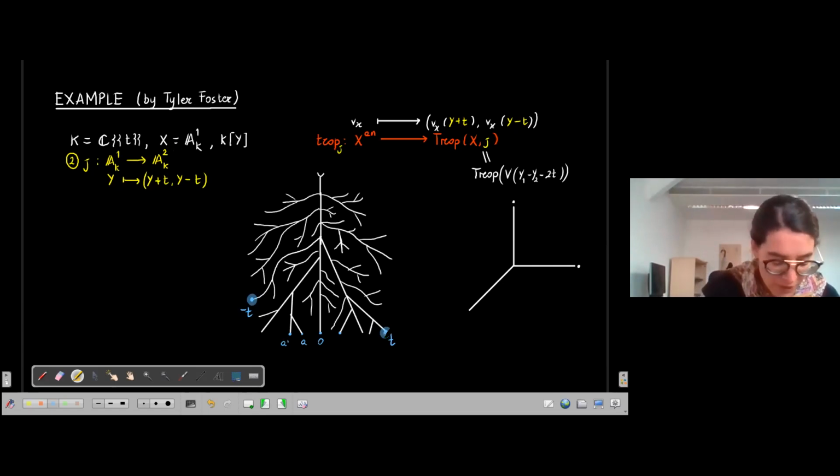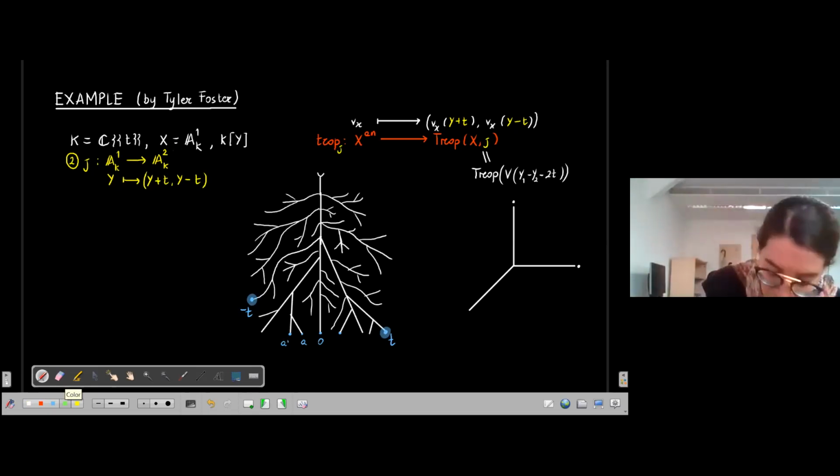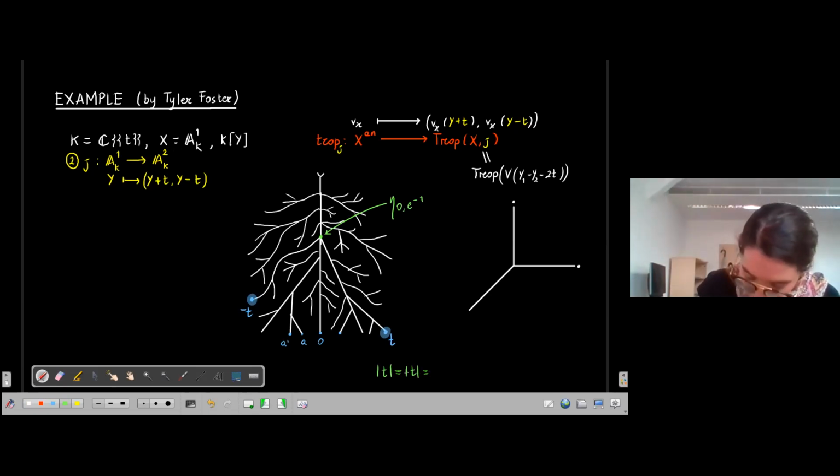So these two points join the path from 0 towards infinity at the point here. They coincide with eta 0 and then the norm of t, so e to the minus 1, because norm of t is equal to norm of minus t, and this is e to the minus 1.